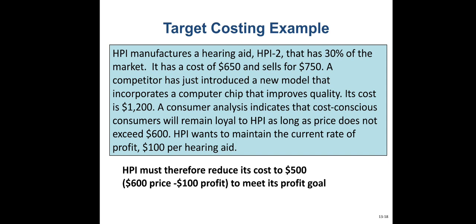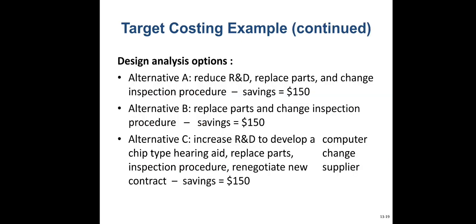Market price 600, target profit 100, so the target cost is 500. $600 price minus cost 500, then the business can get the $100 profit. So that is how target costing is implemented.